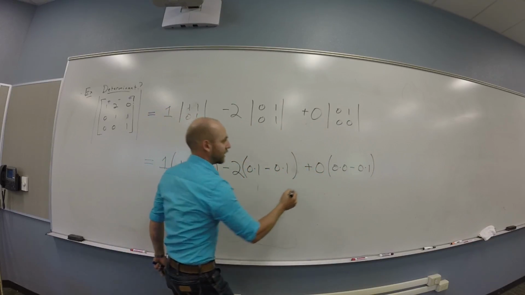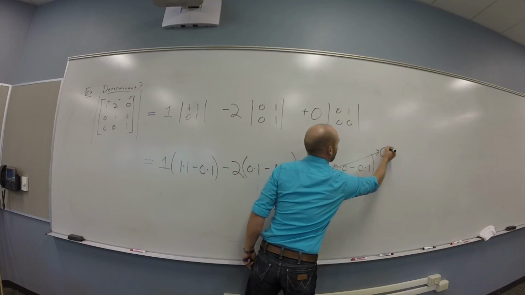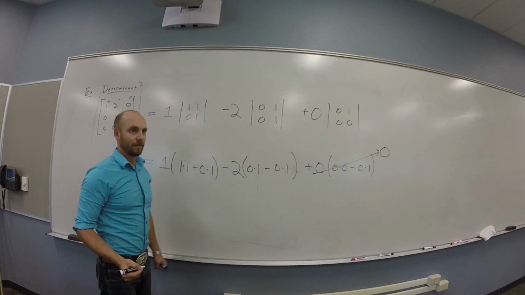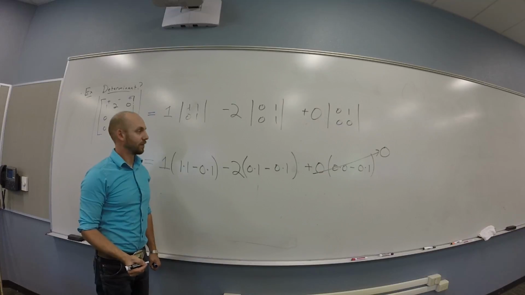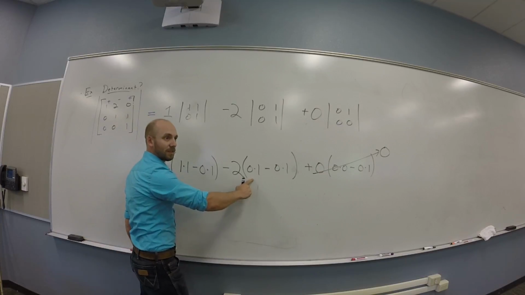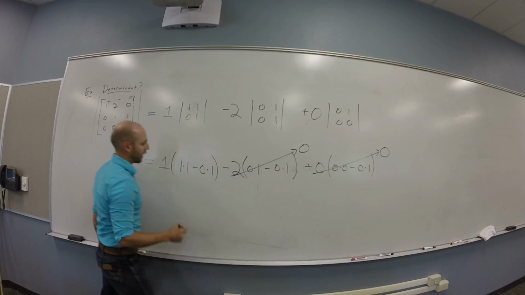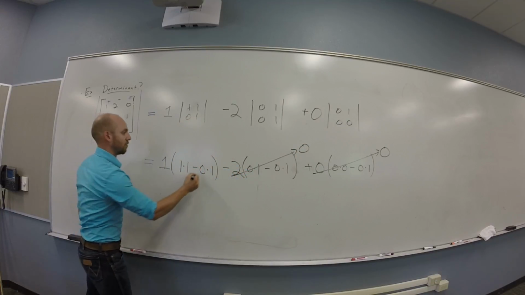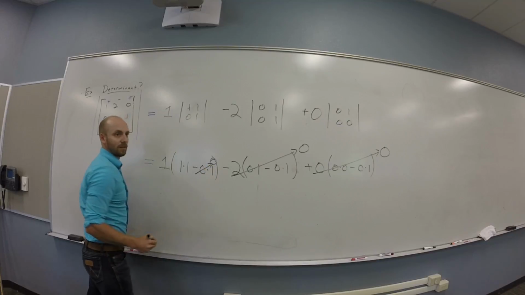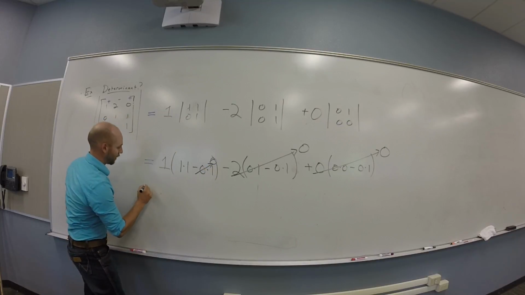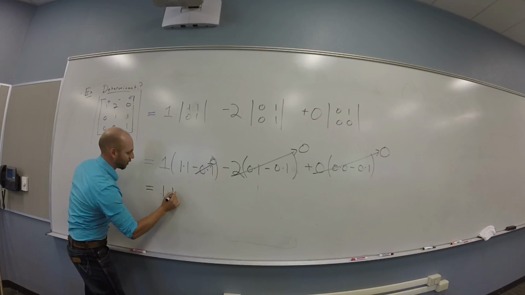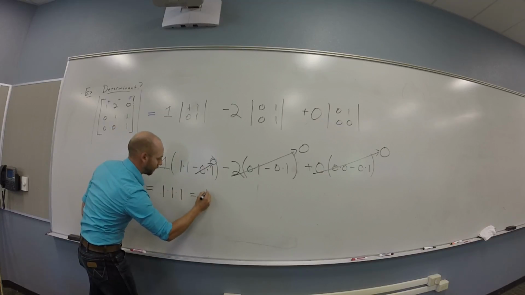Okay, so this piece is 0, right, because it was 0 times some stuff. This piece is 0 minus 0, which is 0. And this piece gives you 1 times 1 times 1, which is 1.